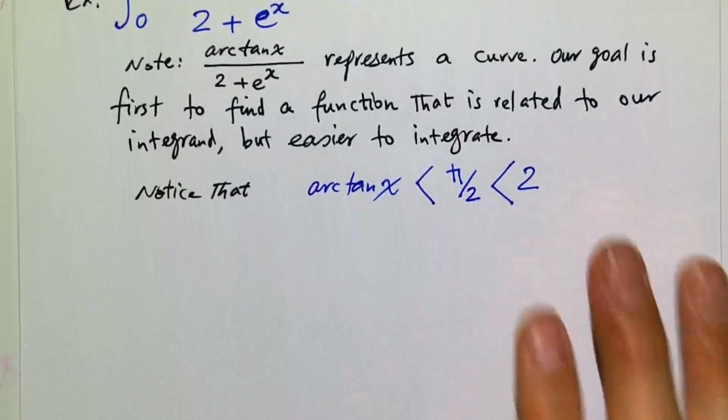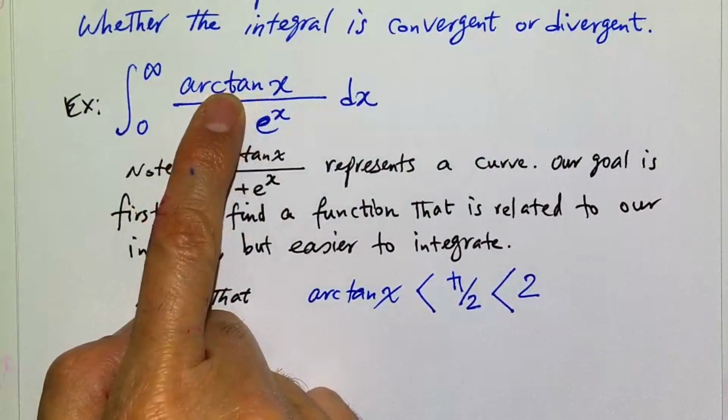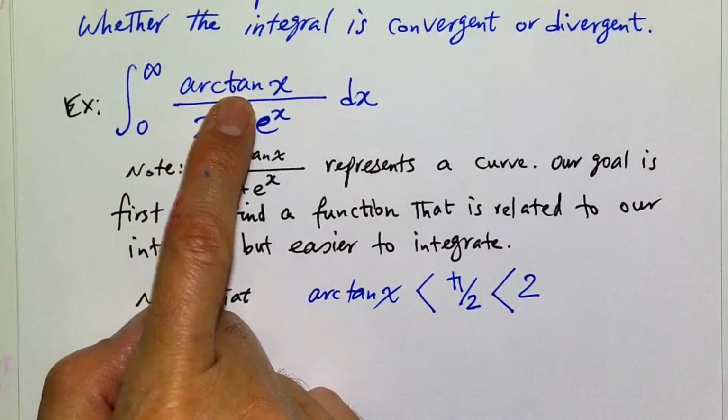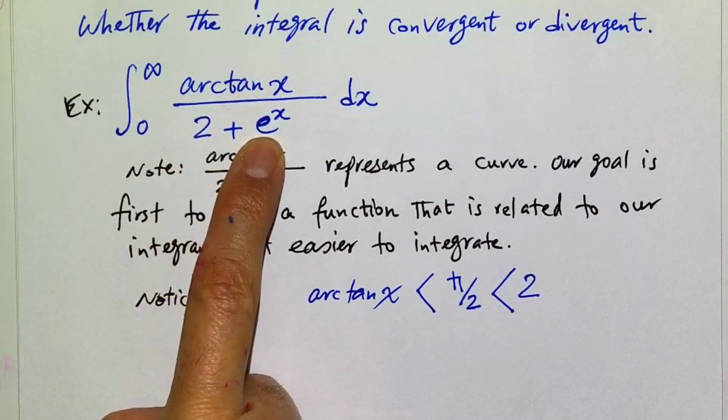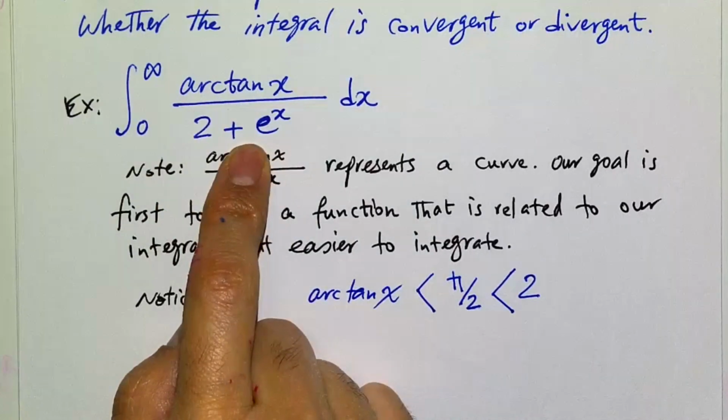Okay. So we can replace this numerator with 2 over e to the x. For sure, that would be a larger function or a higher curve than what we have, right?